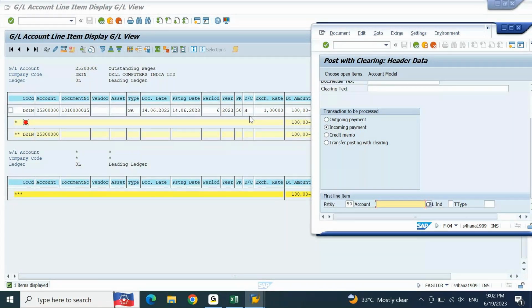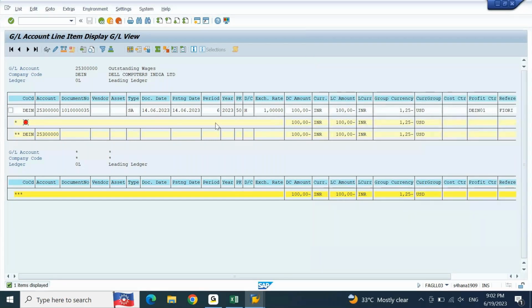Now the other side of this posting is always called the offsetting account. If this is credit, offsetting will become debit. If this is debit, offsetting will become credit. This may sound a little tricky, a little confusing at the beginning, but this is what you have to make familiar with.